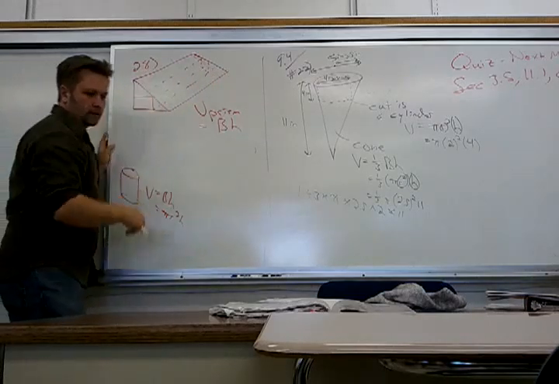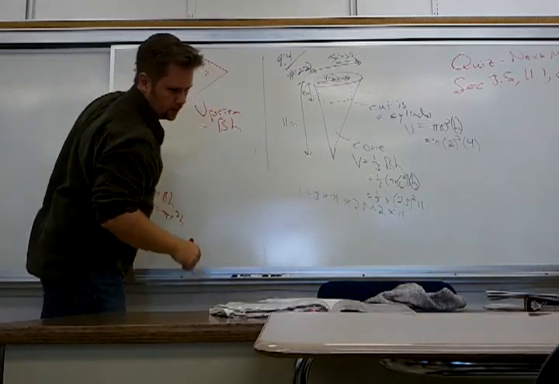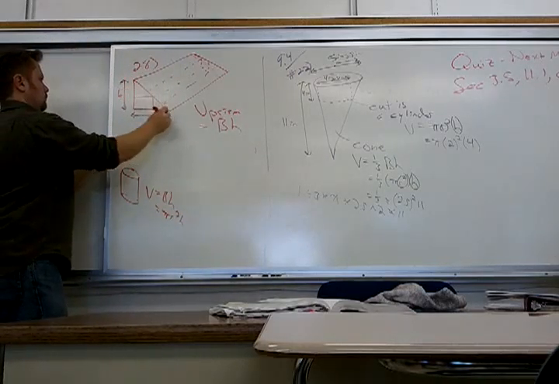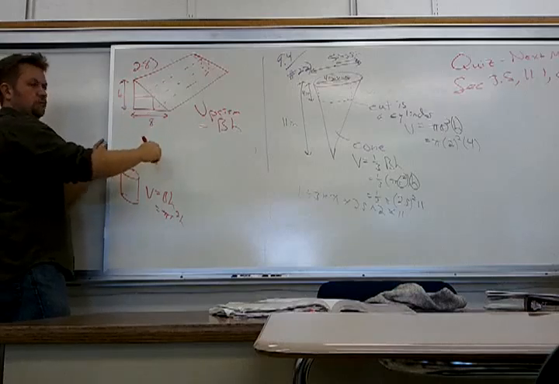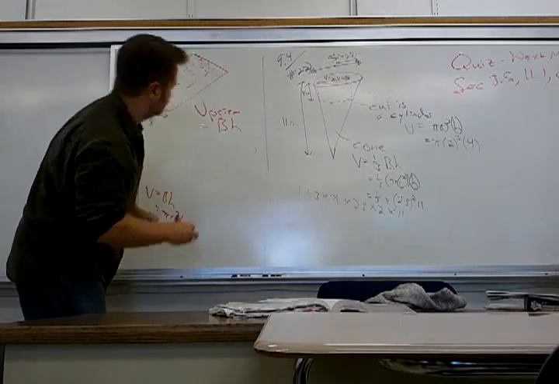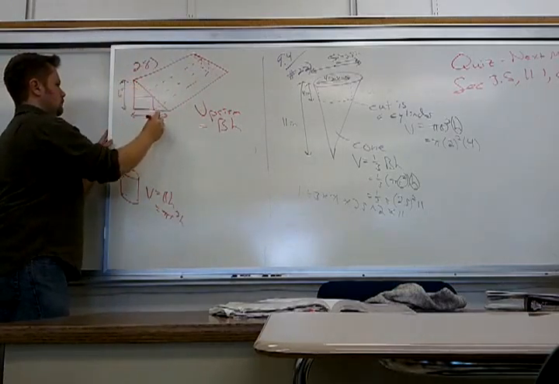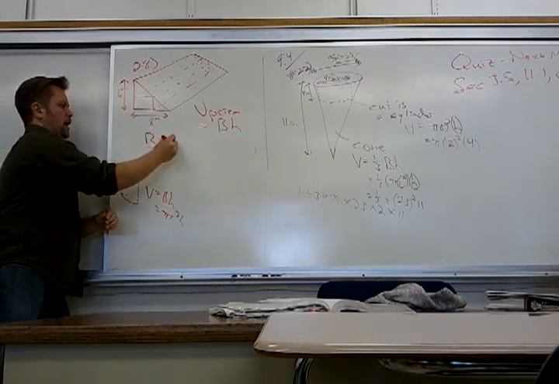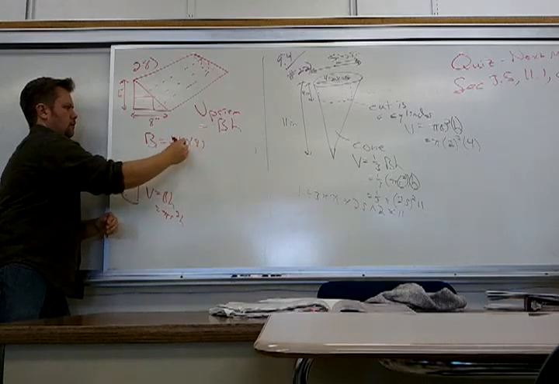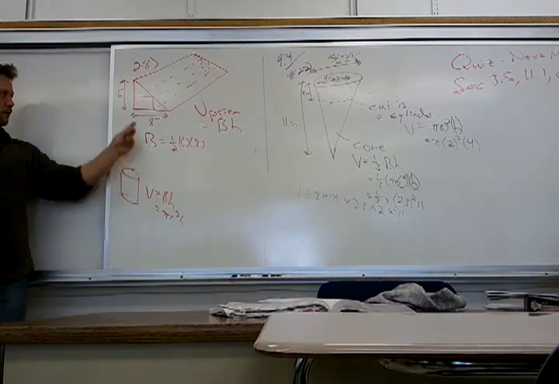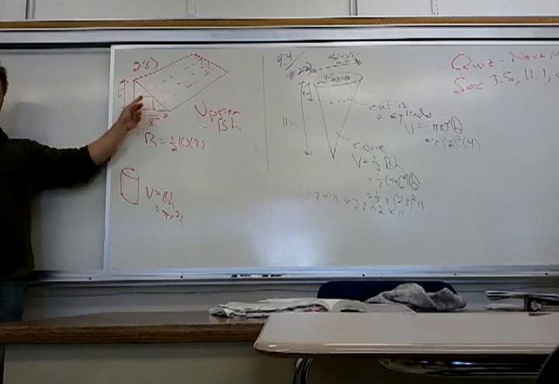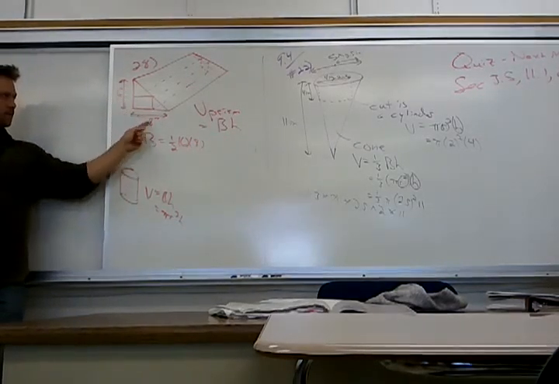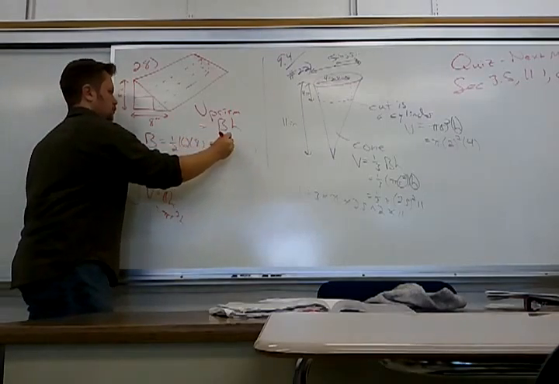So when they tell me about the triangle, it's 6 by 8. So what's big B? It'll be 1/2 times 6 times 8, which is 24. Does everybody recall that? Because the base is a triangle, and every triangle is 1/2 base times height. So 1/2 times 6 times 8 is 24. 24 what?